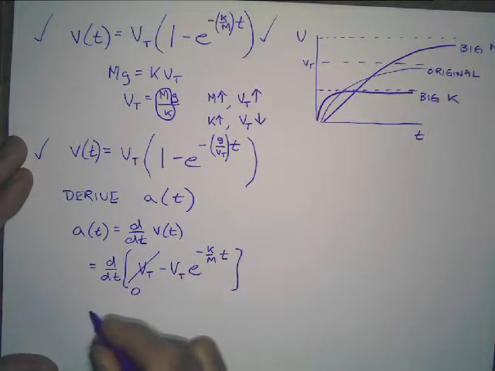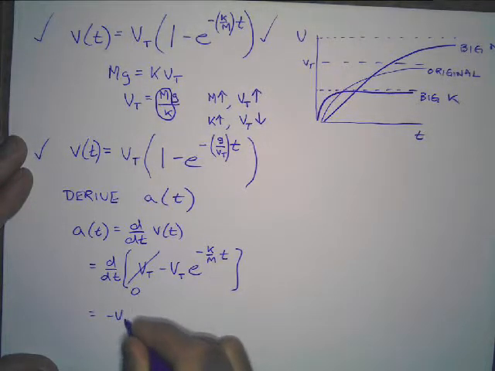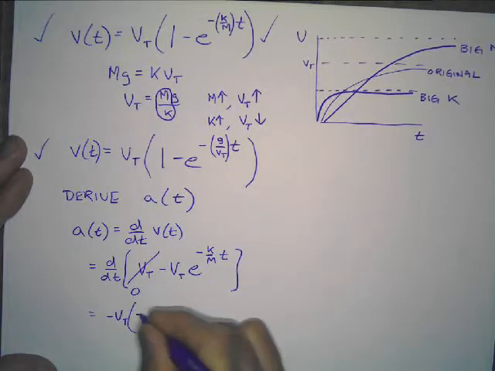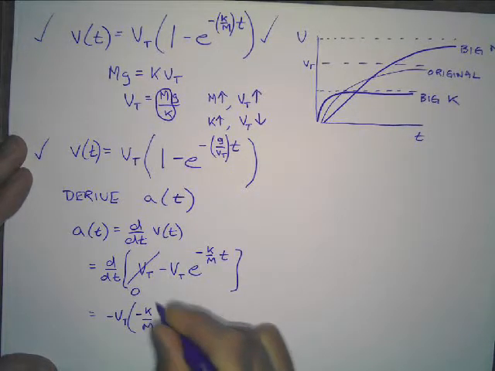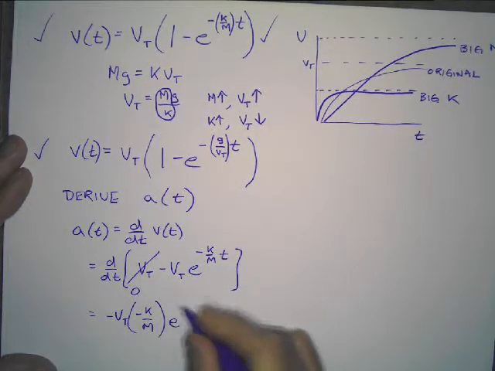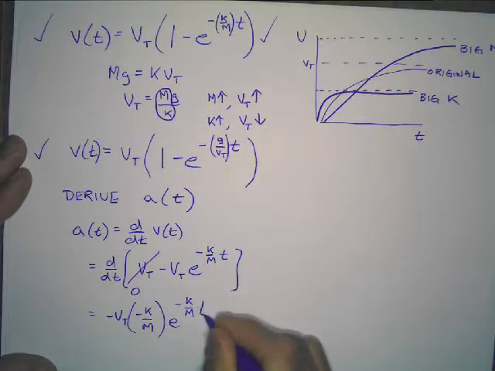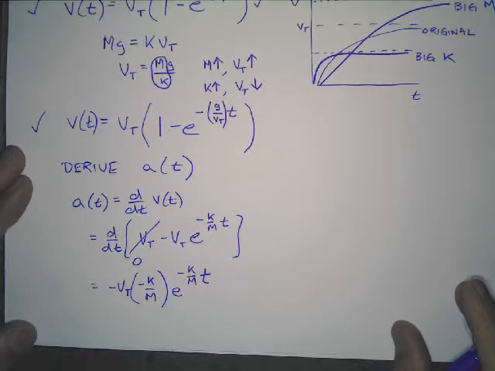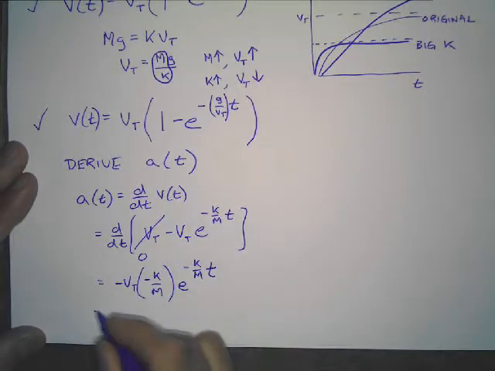So that goes away, and you're left with negative Vt. When you take the derivative of an exponential, the exponent comes in like so. Otherwise, the exponential is not affected. Okay, and then you just kind of simplify your terms.